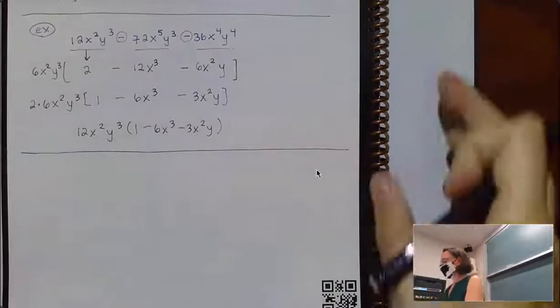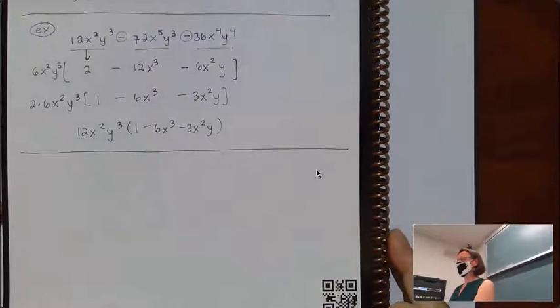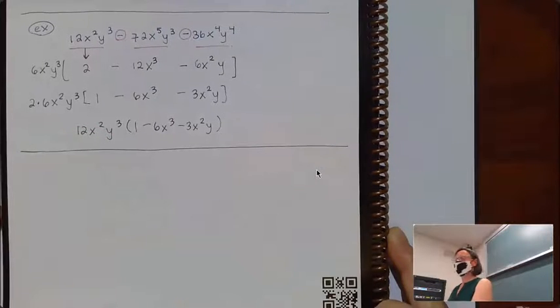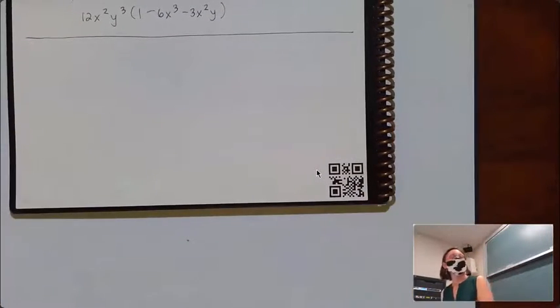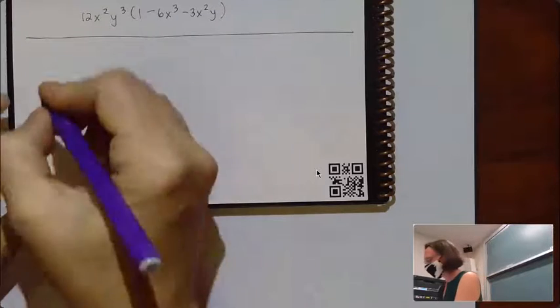So I mentioned that we're going to do lots of different kinds of factoring because there are lots of different kinds of factoring that we're going to encounter in pre-calc and calculus. One of the types of factoring is referred to as factor by grouping.